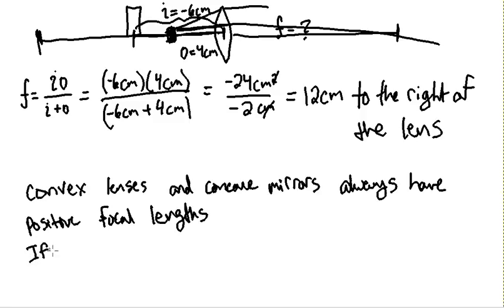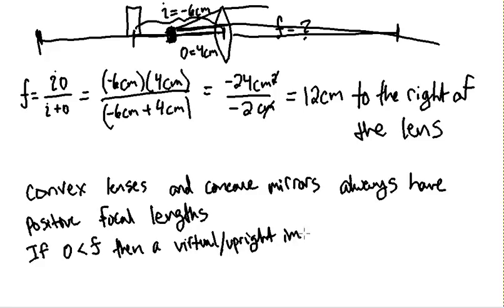for both convex lenses and concave mirrors, if the object's distance is less than the focal length, like look at this, 4 centimeters is less than 12 centimeters, then a virtual upright image is formed.